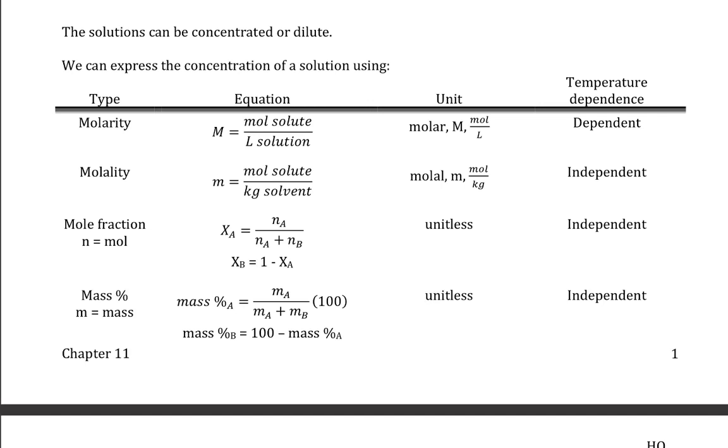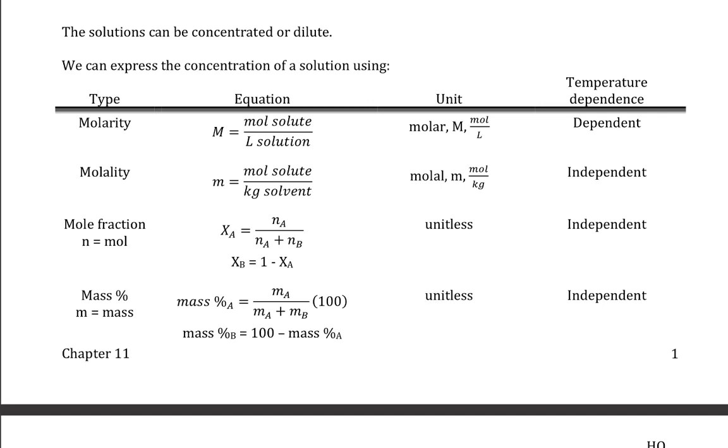So n_A divided by n_A plus n_B. The mole fraction of B would be 1 minus the mole fraction of A. It is unitless because we have moles canceling out. Moles don't depend upon temperature, so it is temperature independent.